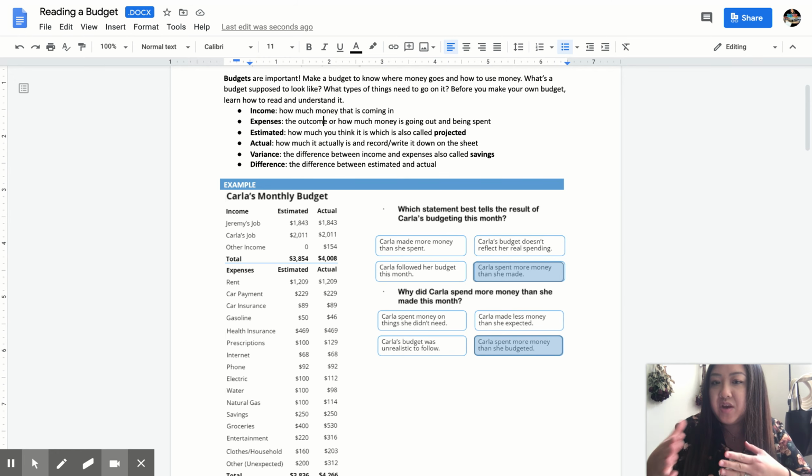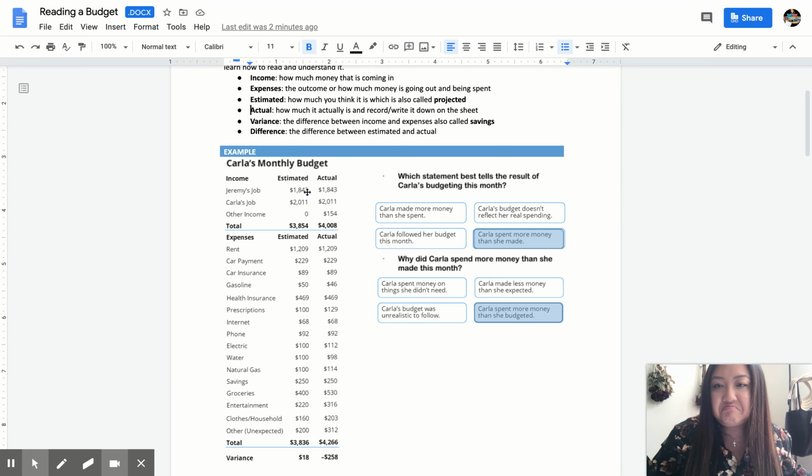So the actual amount is how much you actually used, how much you actually made, all right? And it needs to reflect where all your money went and where all your money came from. It needs to be very accurate because your estimated amount is just what you think.